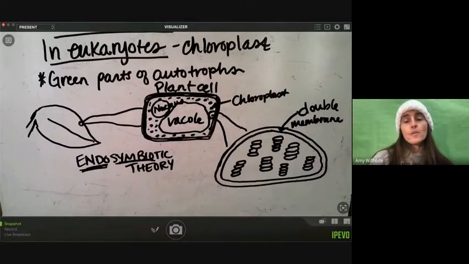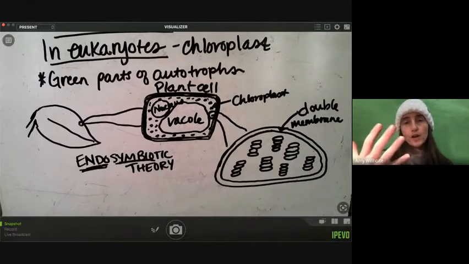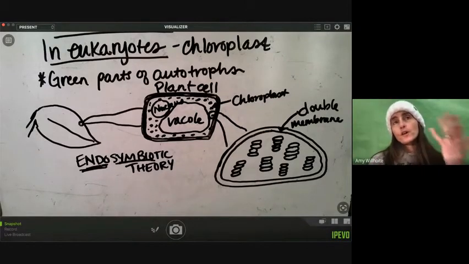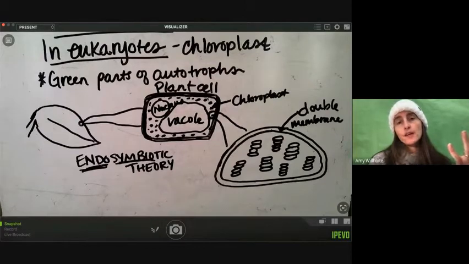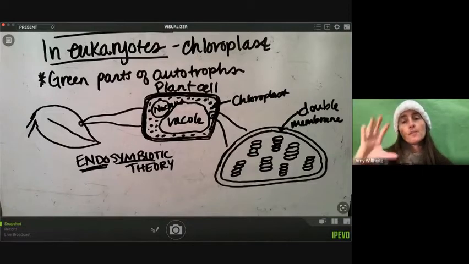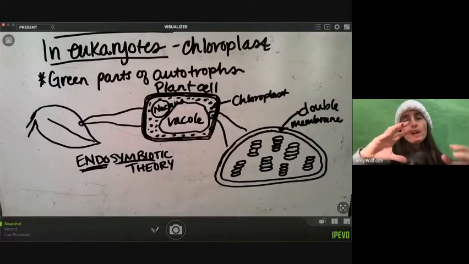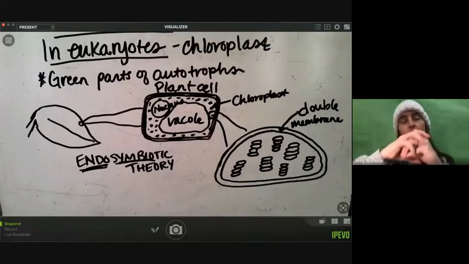So the theory says that at some point, there was a photosynthetic prokaryote. There were prokaryotes that could process energy and make ATP, like with their mitochondria. And some big prokaryote engulfed a littler photosynthetic or cellular respiration one, an organelle.